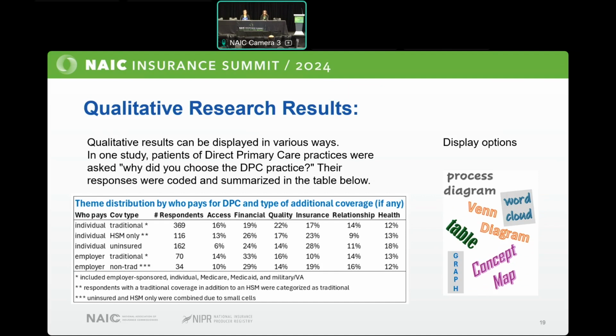Some people were uninsured, some people had employer coverage. We thought we might see differences in how the themes came out of their answers according to the type of coverage they had. So this is an example of how you might show the results of a qualitative analysis on a report.